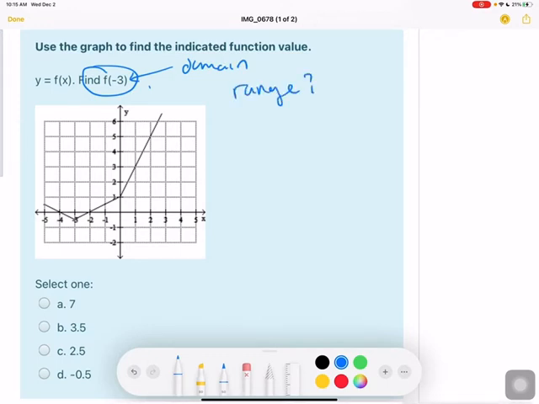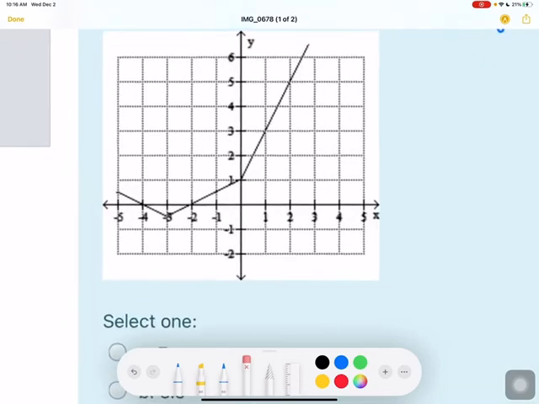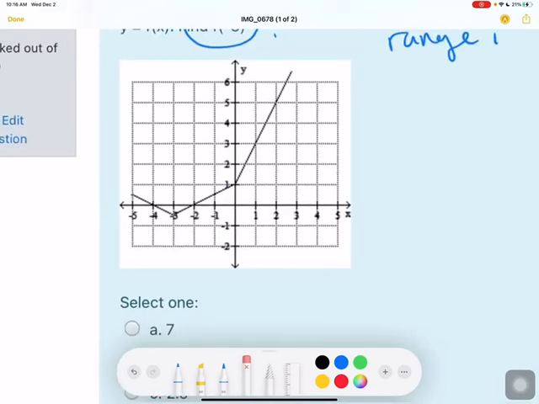Okay, so the same. I'm going to go to the value of -3. So this is my value of -3, right? You walk to the left all the way to -3, and then you have to move up or down until you meet the graph, right? I'm just going to zoom in a little bit because it's really small.